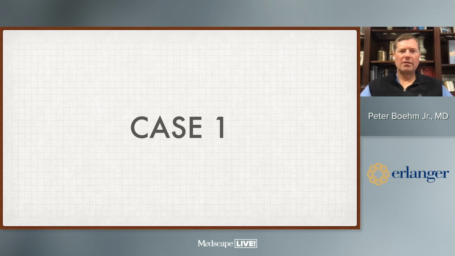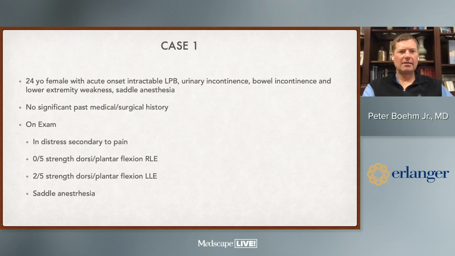So moving on to try to bring this all together are the cases. These are people that we either attempted conservative management or were not candidates for conservative management, and we moved on to the surgical intervention, which are good cases to review and fun to talk about in addition to all the conservative stuff.